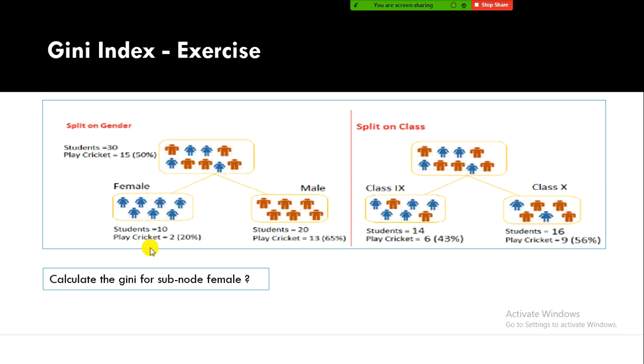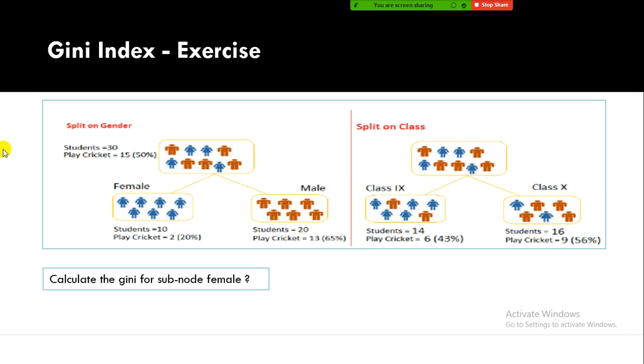So what is the ratio of female students who play cricket? 2 out of 10 is 20%. Similarly, male. Out of 30 students, 10 are female and 20 are male. Out of the 20 male students, 13 play cricket. So what is the ratio of male students who play cricket? 13 divided by 20 is 65%.